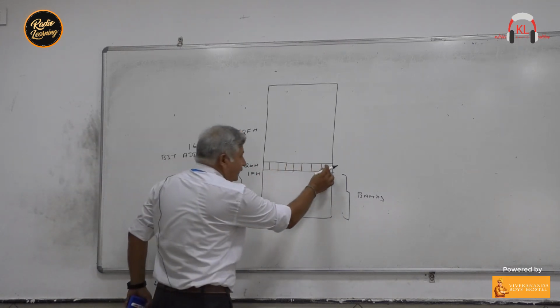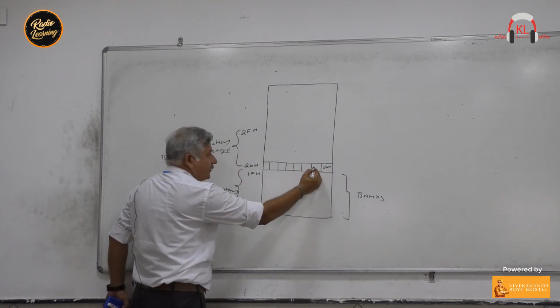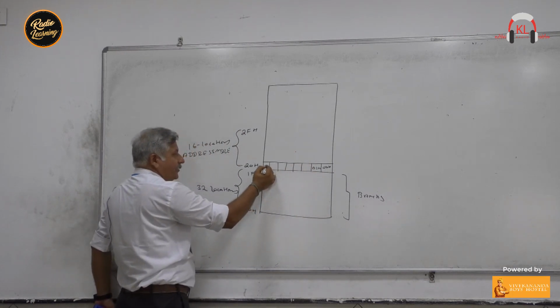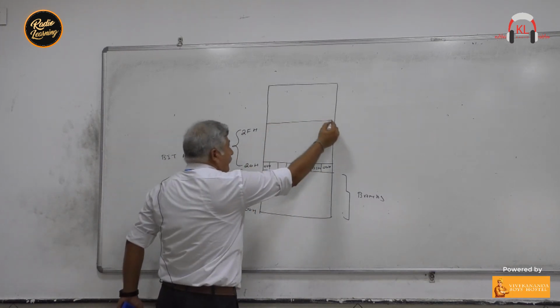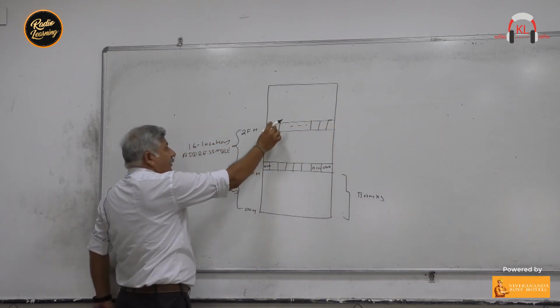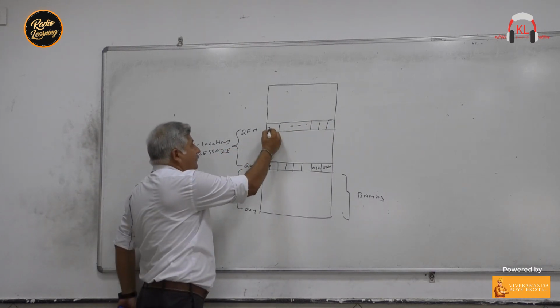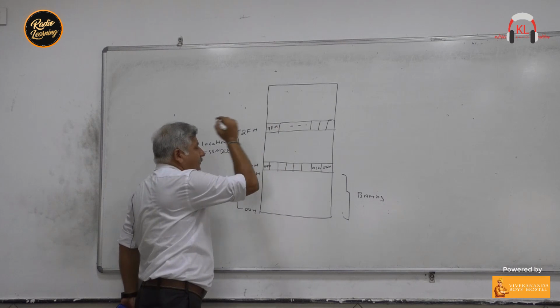right? So if you want to access this, you can access this bit with the address 00H. This bit is having the address 01H. Like this bit is having the address 07H, right? So in this way, the last bit will have the address 7FH, right?